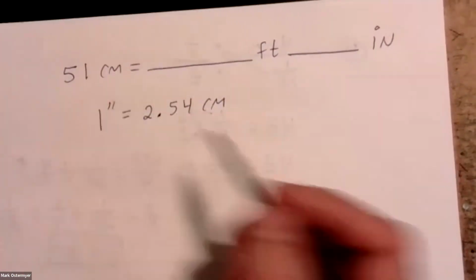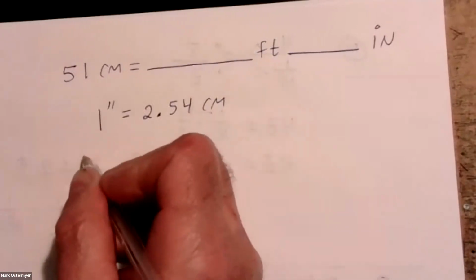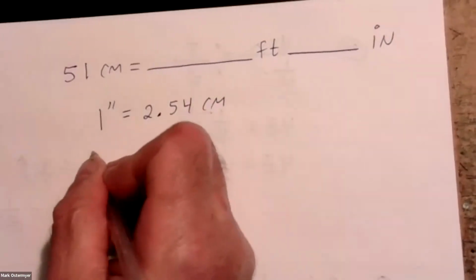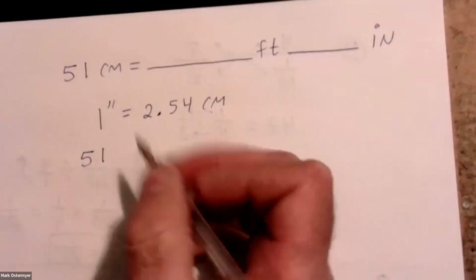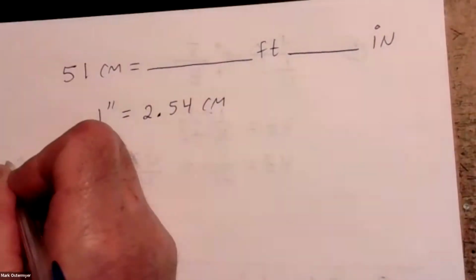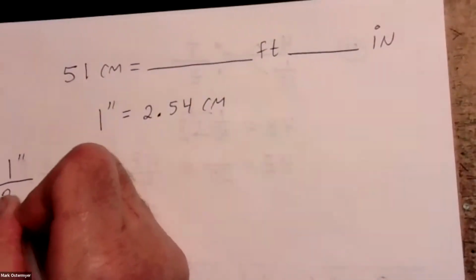We have 51 centimeters here. So we can set up a proportion here. So we can say 1 inch is to 2.54 centimeters.